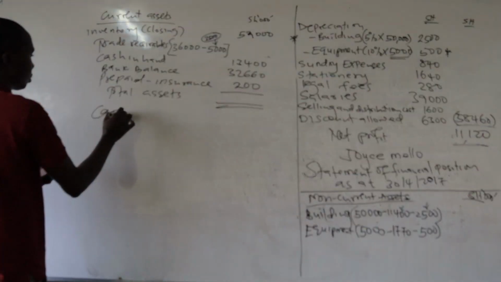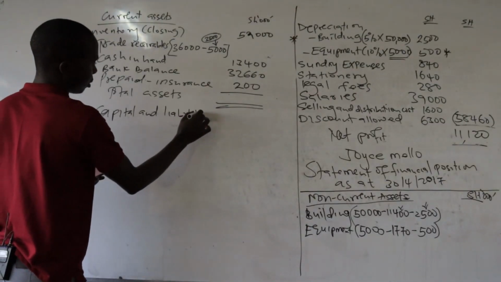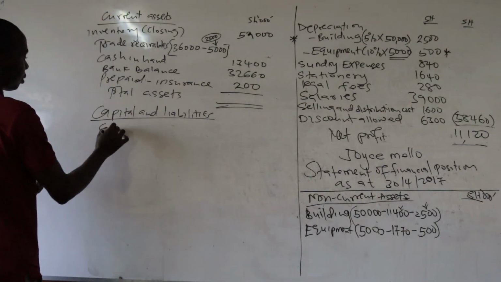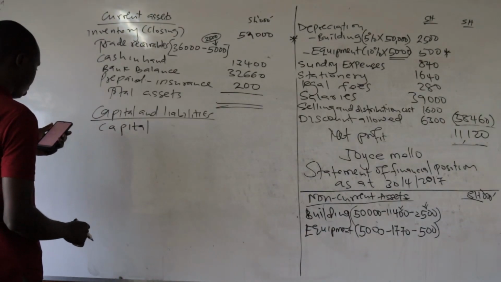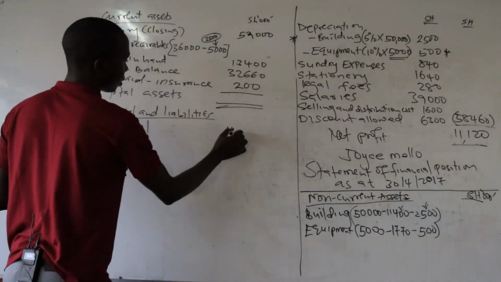Then we have to check on capital and liabilities. So for the capital, 116,800.